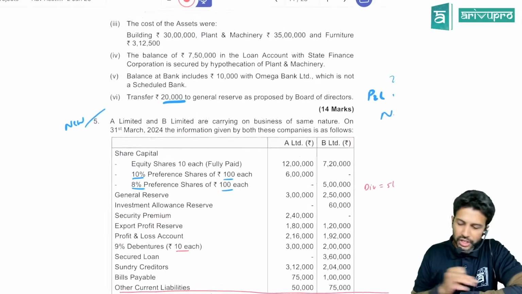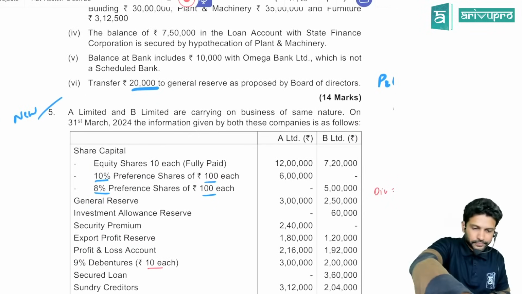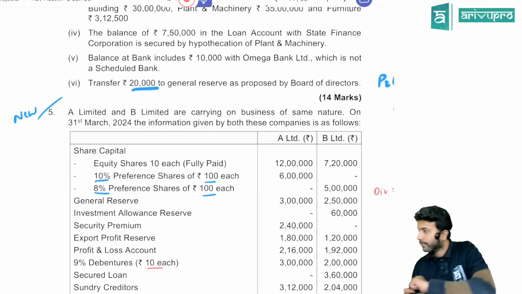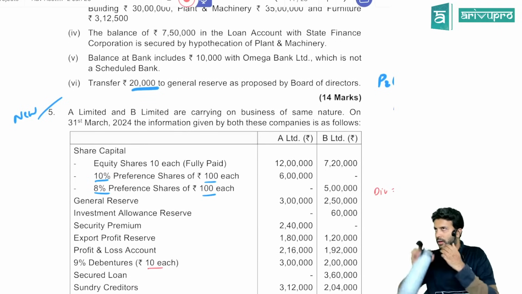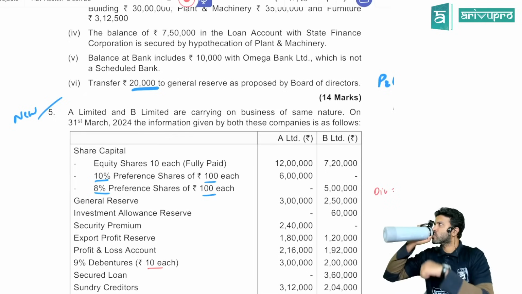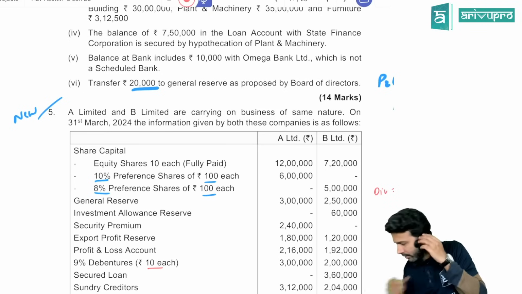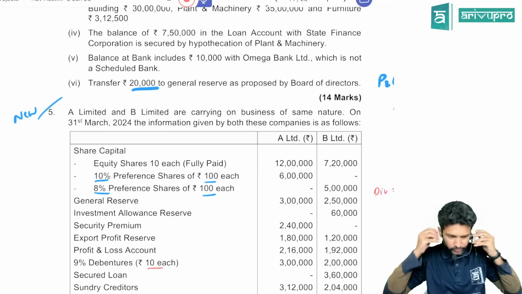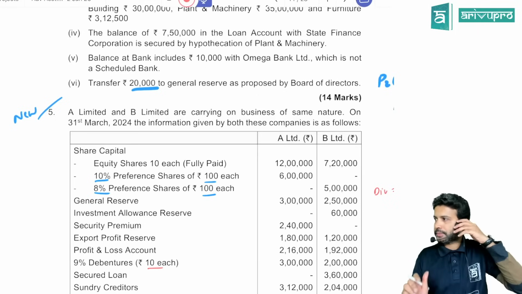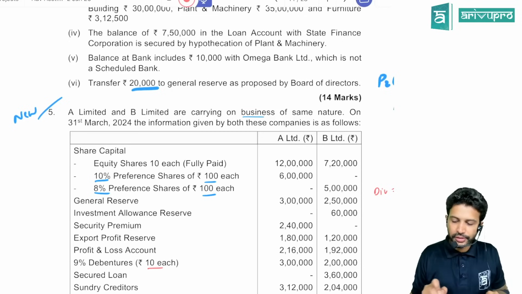Okay, so this is your question number 5. So let's see this. A Limited and B Limited are carrying on the business of the same nature.